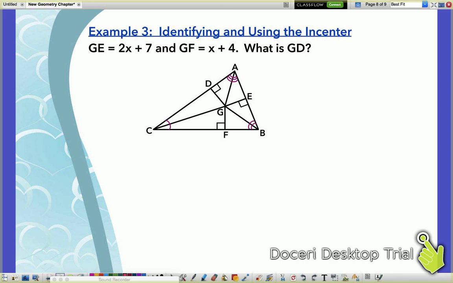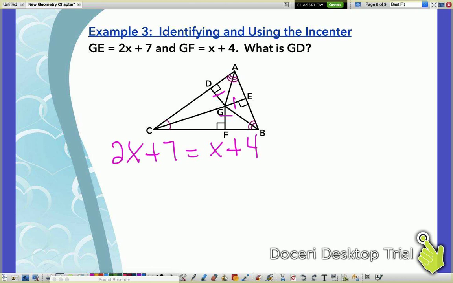I know from my theorem before that GE, GF, and GD are all equal. That's what my theorem before says. So if I want to find the length of GD, I've got to solve for x and then plug it back in, and they're all going to be the same. Since they're equal, we're going to set them equal to each other.